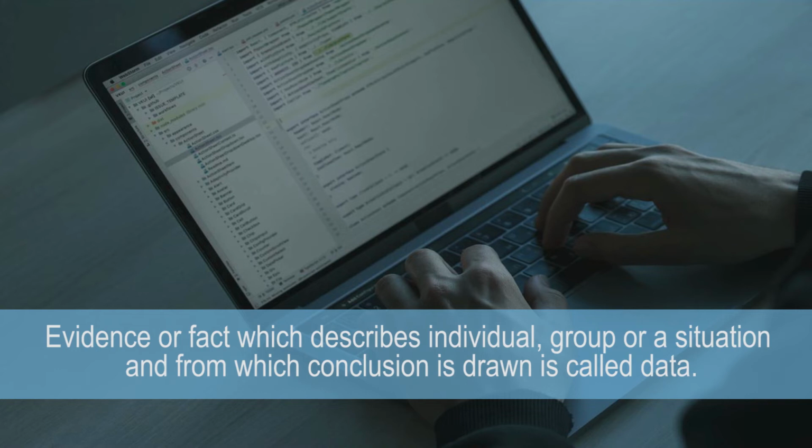It may be data relating to an individual, data relating to a group, or data relating to any situation.